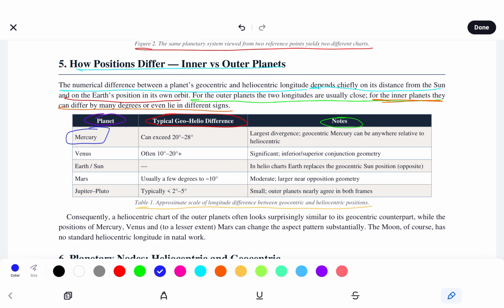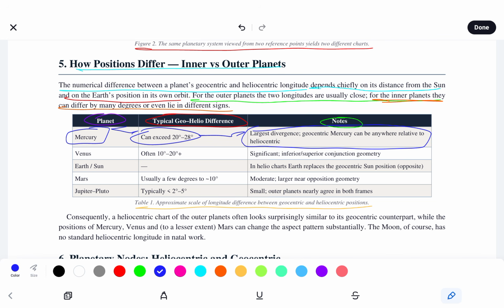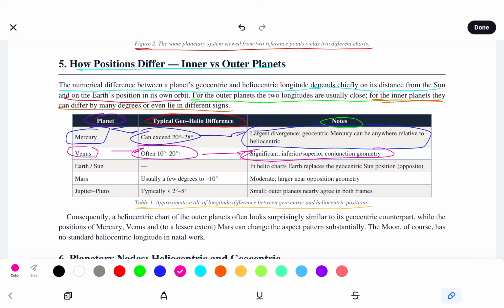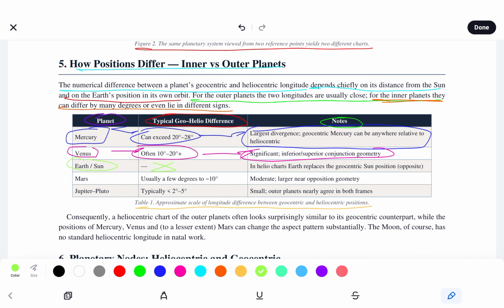So Mercury can exceed 20 through 28 degrees, with the largest divergence. Geocentric Mercury can be anywhere relative to heliocentric. Venus, often 10 through 20 degrees, and we see significant inferior and superior conjunction geometry. Earth-Sun doesn't have a typical geo-helio difference.